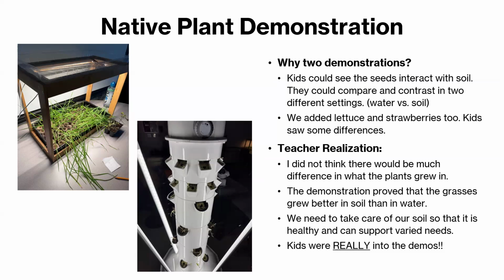And so that was good, because then that would later lead me into how to maintain soil and how to keep it healthy so that the native grasses could grow. So that was kind of a good thing to do.